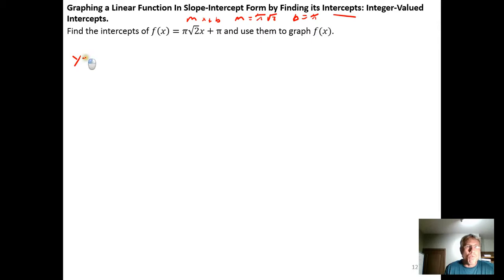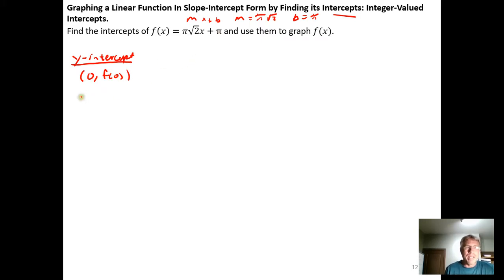We know how to find the y-intercept because we've done this in the previous two videos. The y-intercept happens when the input or x value is 0. So we just need to calculate f of 0, the output of the function when the input is 0, to get the y-intercept.